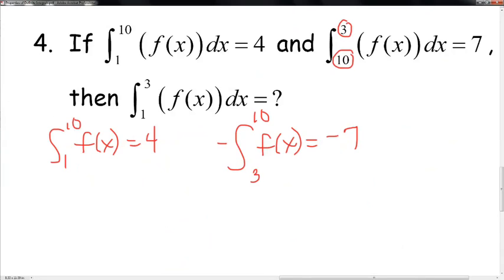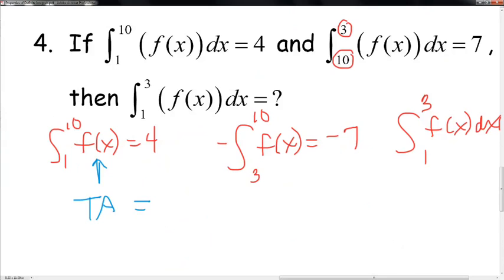And so I want to find out what the area from 1 to 3 is. If you want to think about it, my total area is equal to area 1 plus area 2.